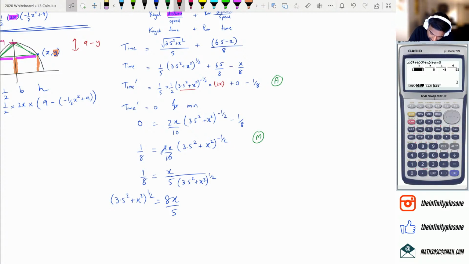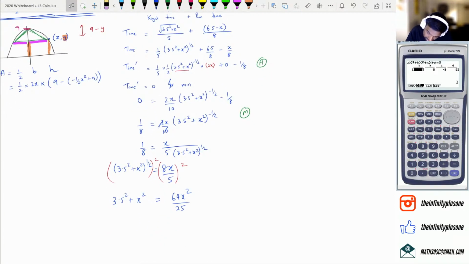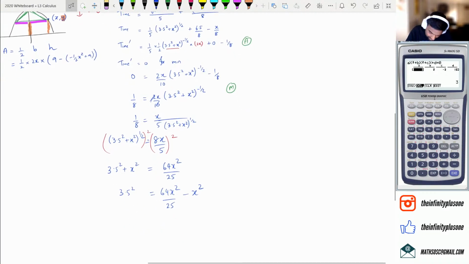So I'm going to square both sides. And when I square both sides, I'm going to get 3.5 squared plus x squared equals 64x squared over 25. Rearrange this. I've got 3.5 squared equals 64x squared over 25 minus x squared.